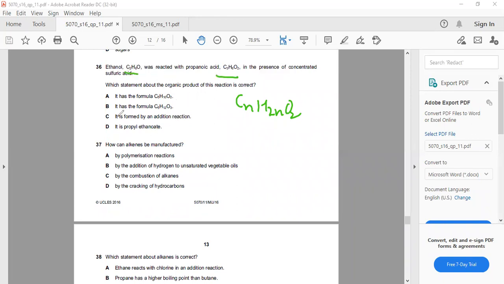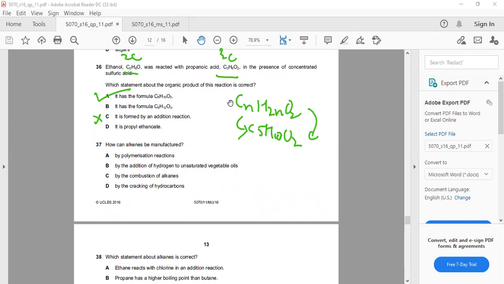C is wrong. C5H10O2, yes, 3 carbon here, 2 carbon here. So the molecular formula should be in this format. Yes, A is correct. Because the ester formed will have 5 carbon, and 5 carbon means according to the general formula, the ester will have this molecular formula.